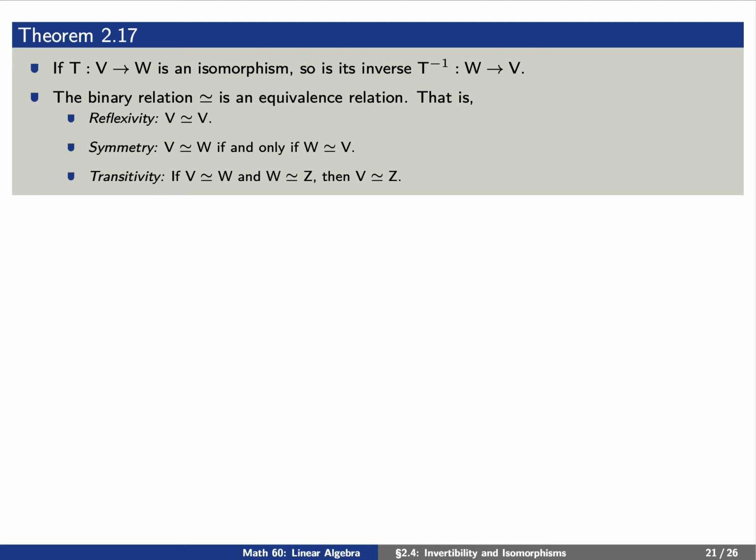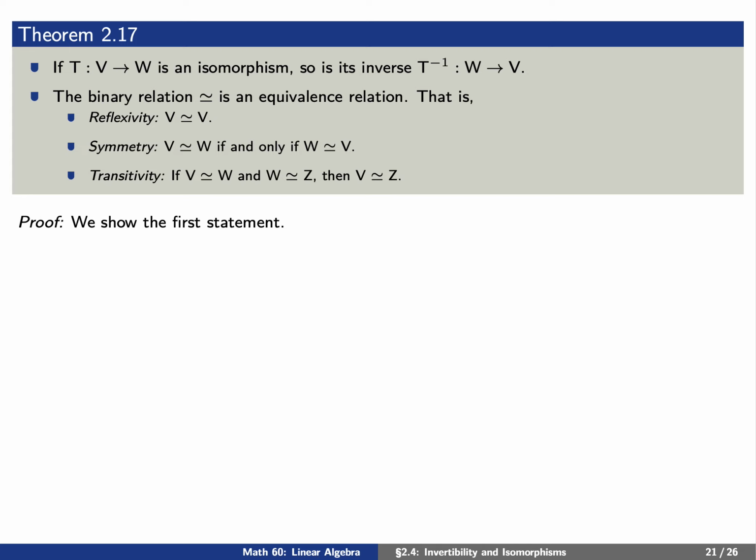This weird relation, this kind of squiggle, is actually an equivalence relation. What that means is a vector space is always isomorphic to itself. If V is isomorphic to another vector space W, then W must be isomorphic to the vector space V. Finally, if V is isomorphic to W and W is isomorphic to Z, then V is isomorphic to Z.